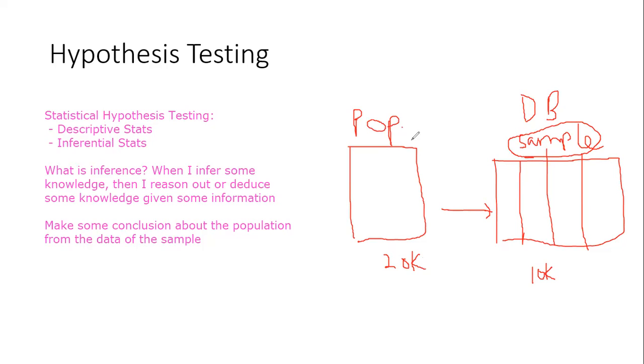For example, if I want to make a claim that Pakistanis are typically very hot-tempered people. Okay, so I am making a claim about the whole population. So how do I make that claim?